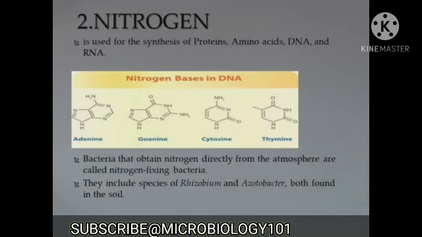Bacteria that obtain nitrogen from the atmosphere are termed nitrogen-fixing bacteria. Some categories of microorganisms enjoy the nitrogen that is fixed from the environment, and these are called Rhizobium species and Azotobacter species.